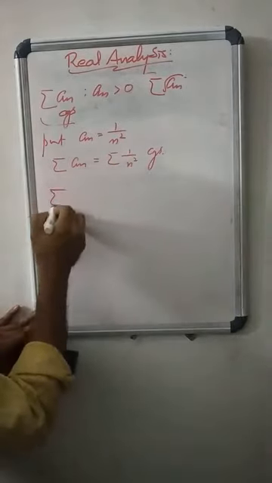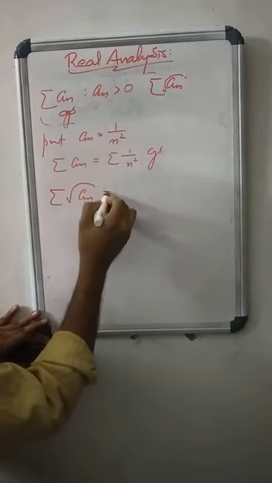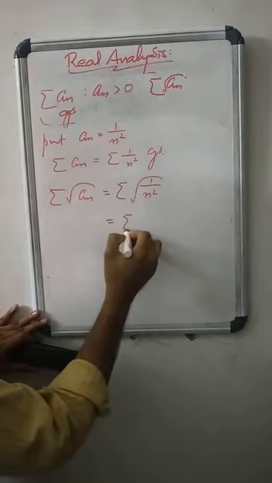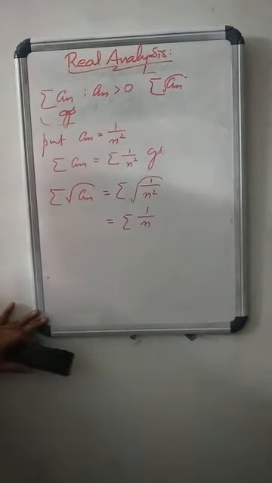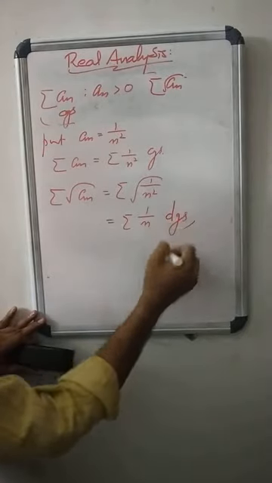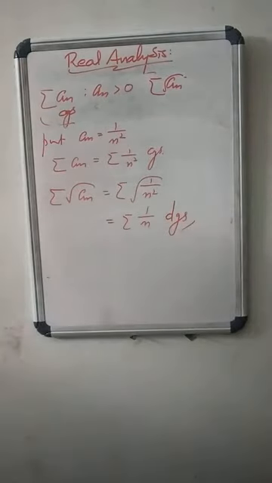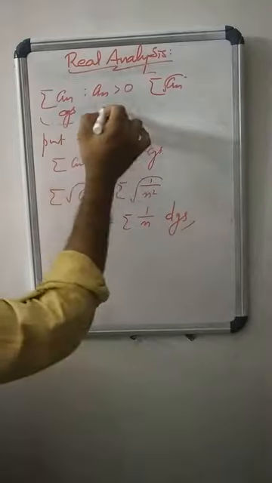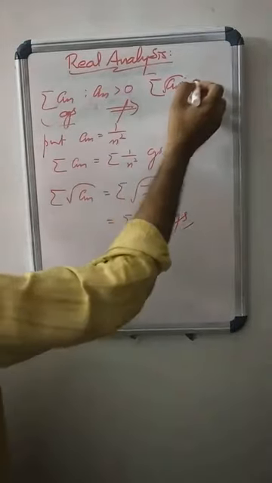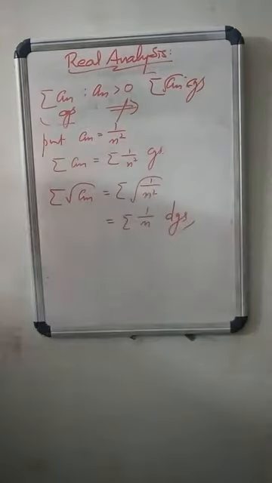What is sigma root a_n? Sigma root a_n equals sigma root of 1 by n squared, which means sigma 1 by n. We know that sigma 1 by n diverges. So when sigma a_n converges with a_n greater than 0, it need not imply sigma root a_n converges. Clear? Yes.